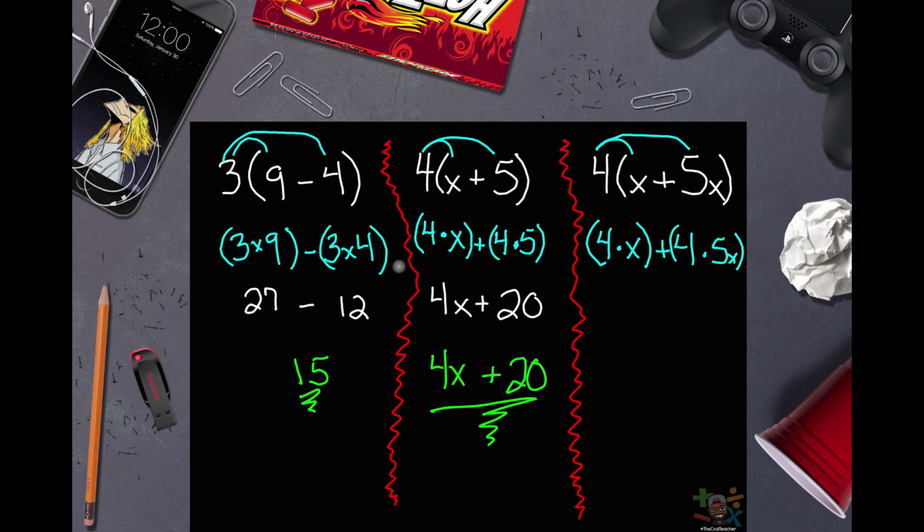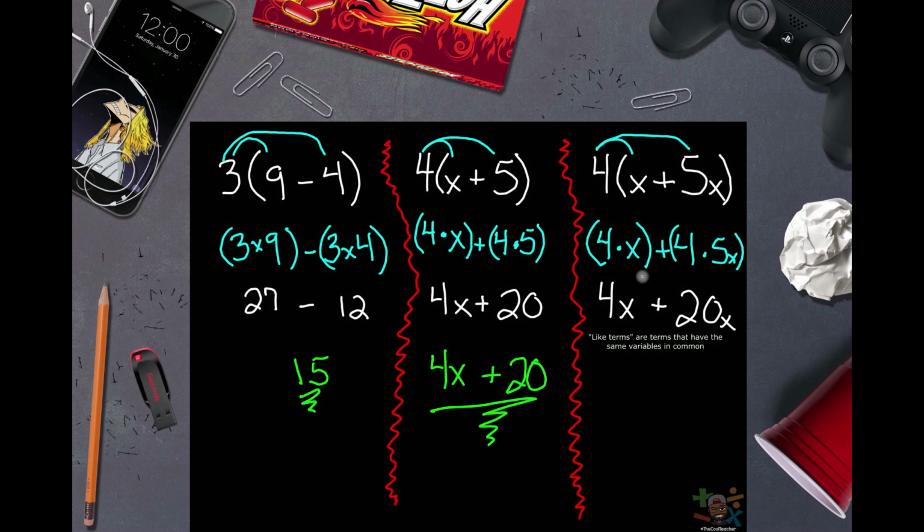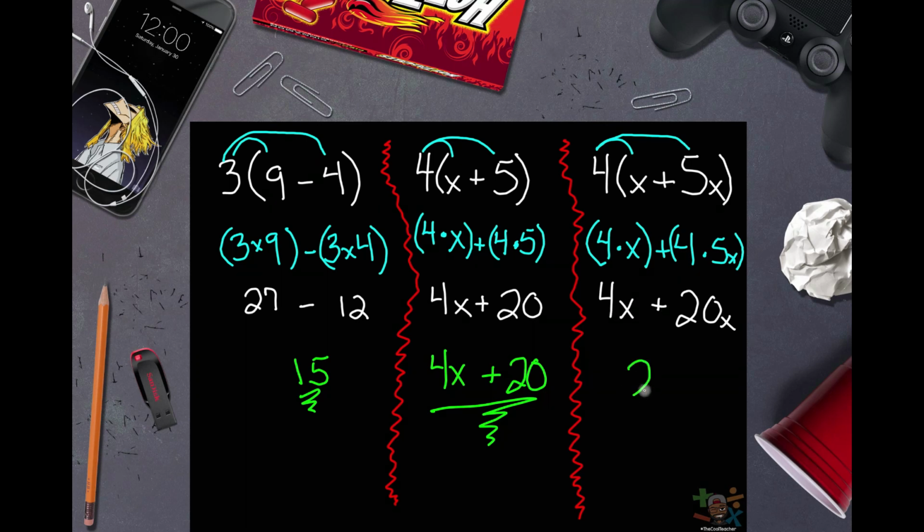Okay, so I'll get my answers there. So I'm going to get 4x, bring down my sign, and 20x. Now, when I go ahead and add these together, I can add them together because they both have x's. They are what's called like terms. So what will be the answer for this? For this, the answer will be 24x.